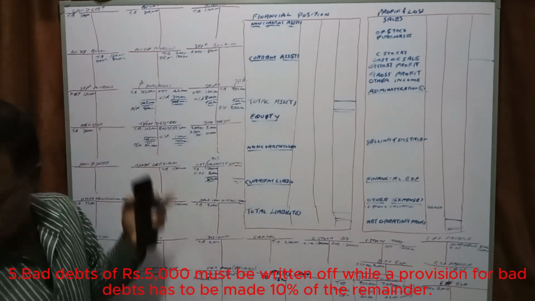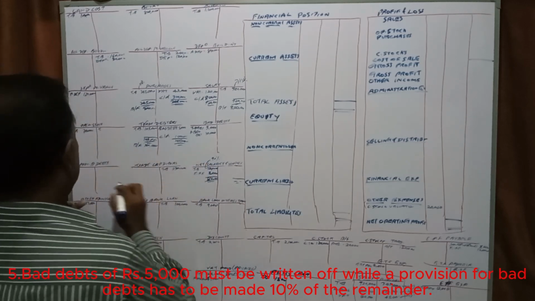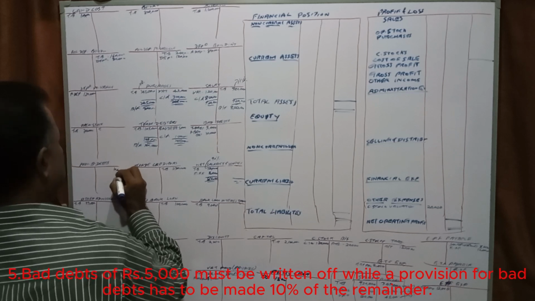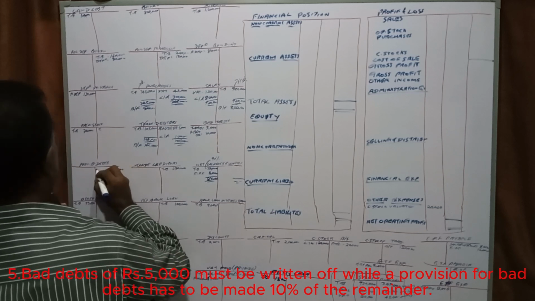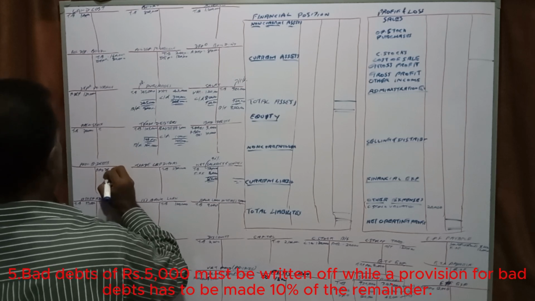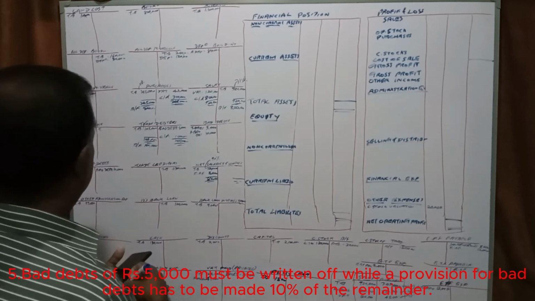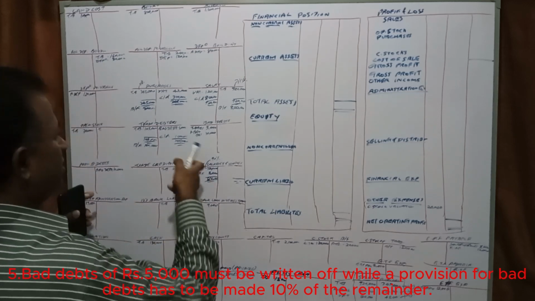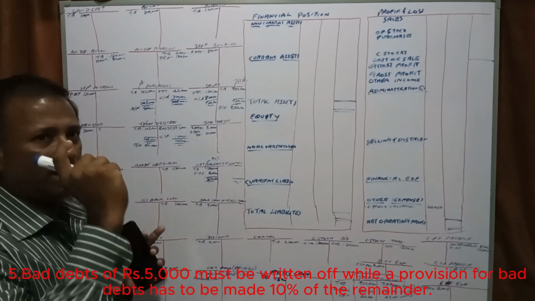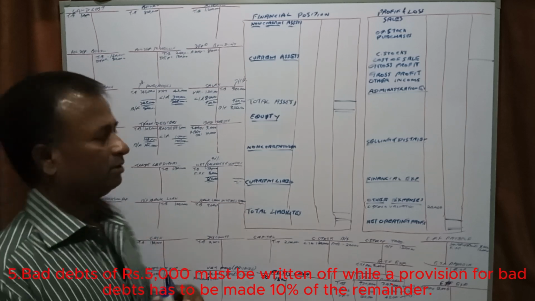When making the provision, bad debts account is debited and provision for bad debts is credited.